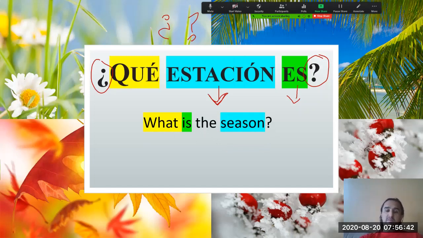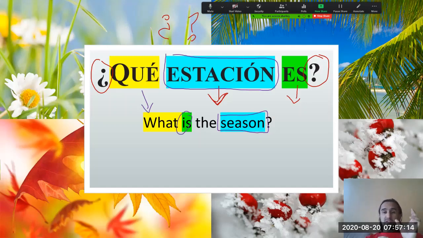And notice that words don't match. Yes, the what starts the question, but then your verb in Spanish is second, while for English it is at the end, and the noun in Spanish is second, but for English is at the end. So just keep in mind, translations are not going to be word by word.